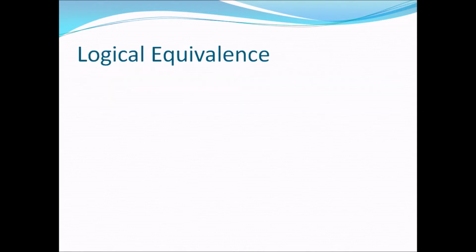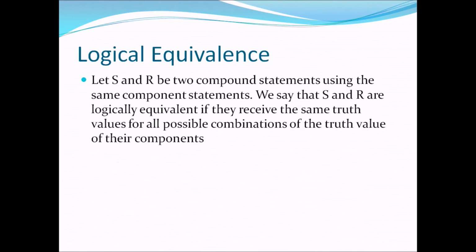So, logical equivalences. So this is where we get into the meat of logic. So let S and R be two compound statements using the same component statements. We say that S and R are logically equivalent if they receive the same truth values for all possible combinations of the truth values of their components.